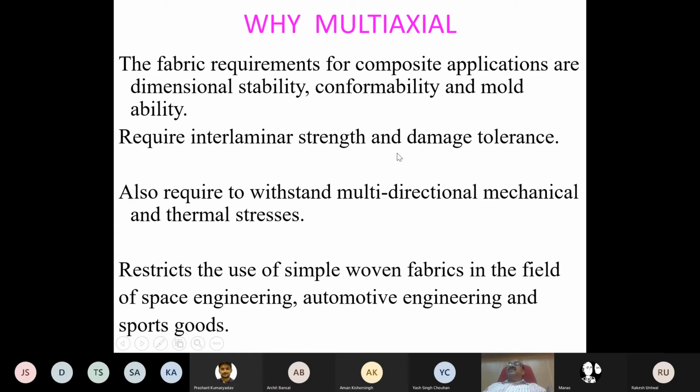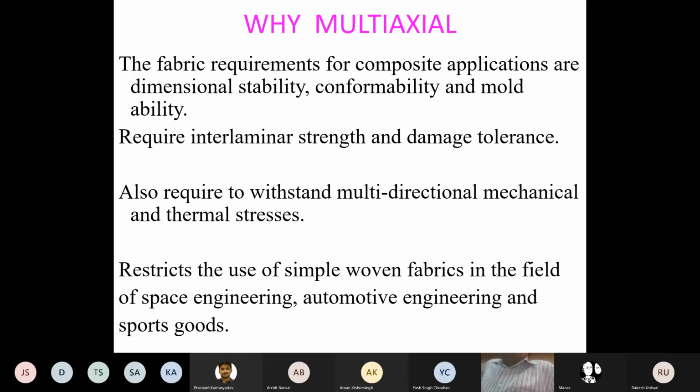It also requires interlaminar strength and damage tolerance. Say we are preparing a thick composite material, putting 4 layers of fabric one over the other. Then obviously the interlaminar strength of the composite will be very poor, because all the 4 layers are just kept one over the other by lamination, by adhesive.